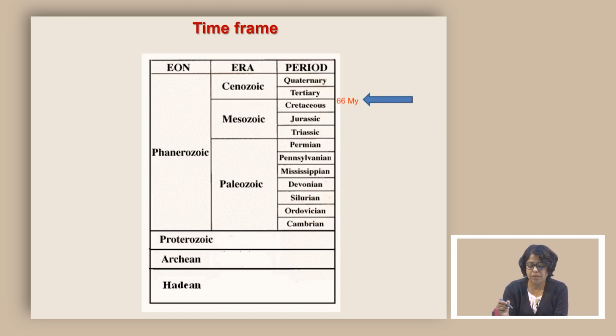So, the timeline that we are going to talk about is this boundary between Mesozoic and Cenozoic era. This can also be called the boundary between Cretaceous and Tertiary.